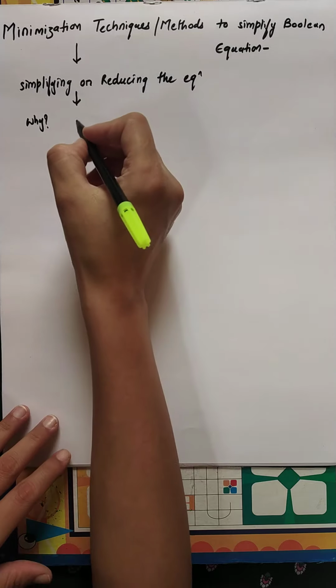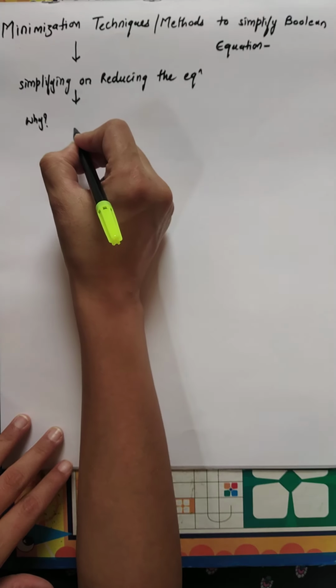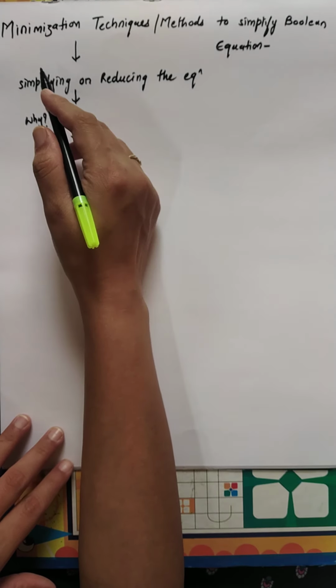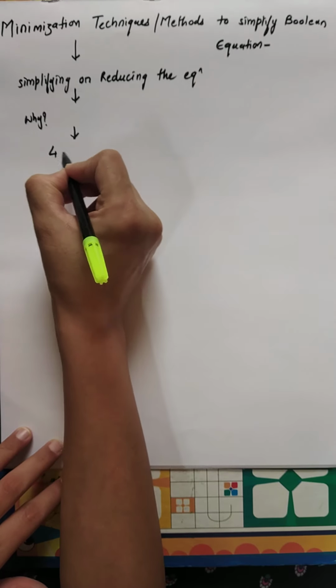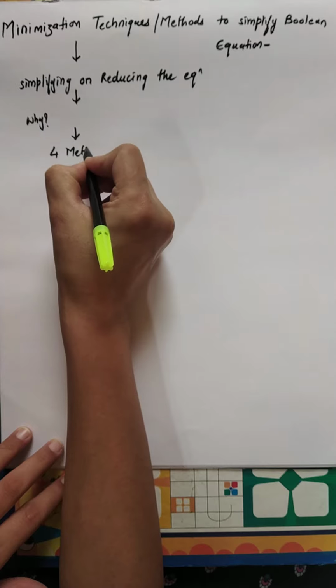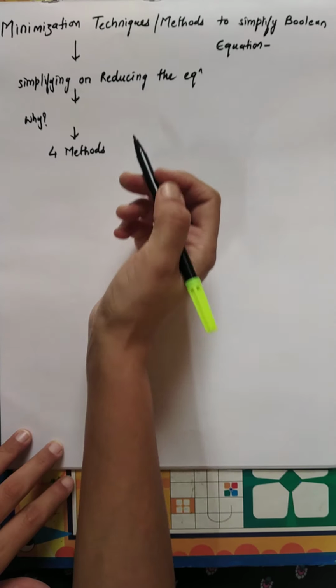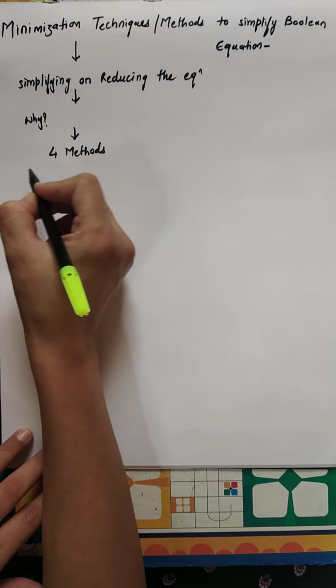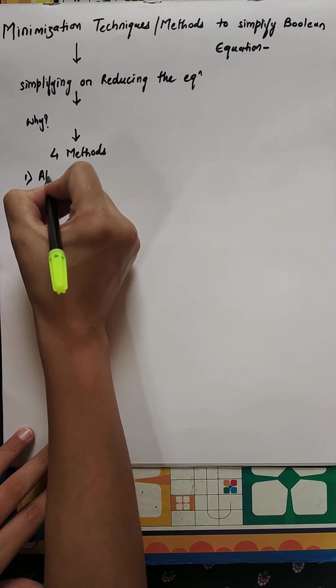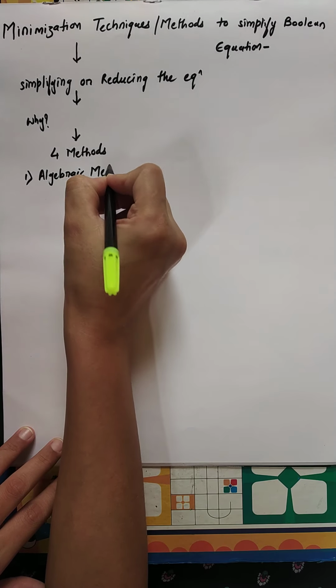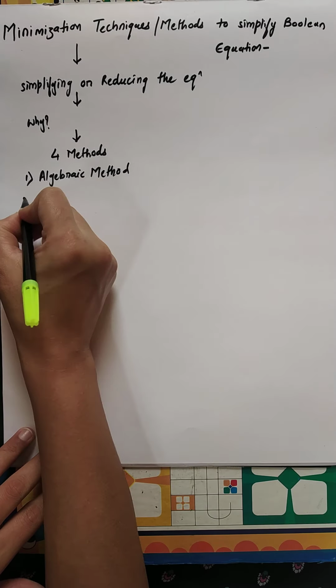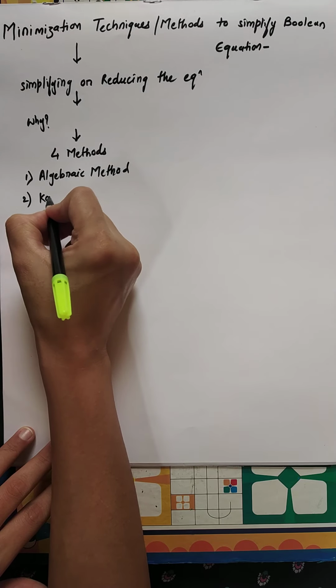So next, which are the methods to simplify the Boolean equation? Actually there are four methods, or we can say four minimization techniques. Which are they? The first method is the algebraic method. Second is the Karnaugh map method.